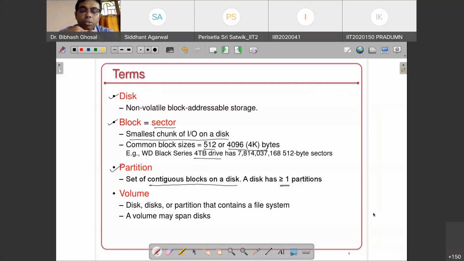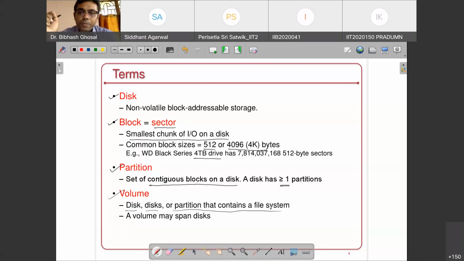So you decide that out of 512 GB of my hard disk, I will allocate maybe 100 GB for holding data which is of type NTFS. So you are reserving that amount of blocks. That's what we are calling a partition. The next thing is called volume. What is volume? Volume is a disk or disks that contains a file system.